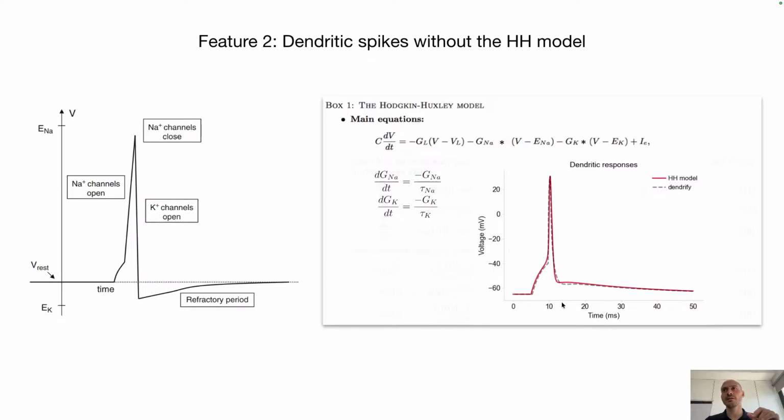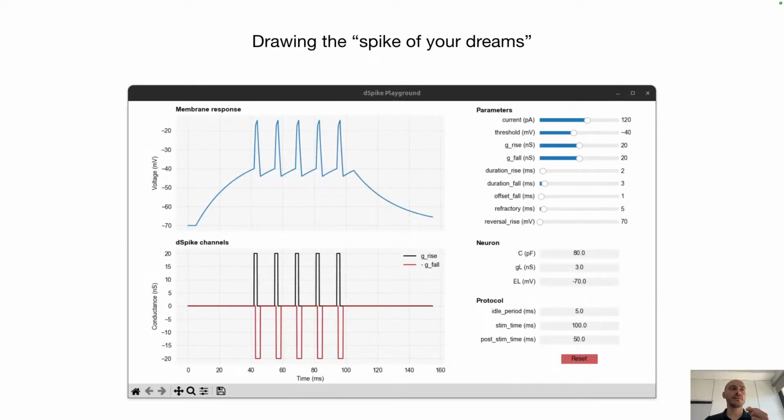And here you can see an HH model in comparison to a Dendrify model. If you overlap them, they are very close, although we use far fewer differential equations. Also, the model is much simpler, so it is also much simpler to validate.